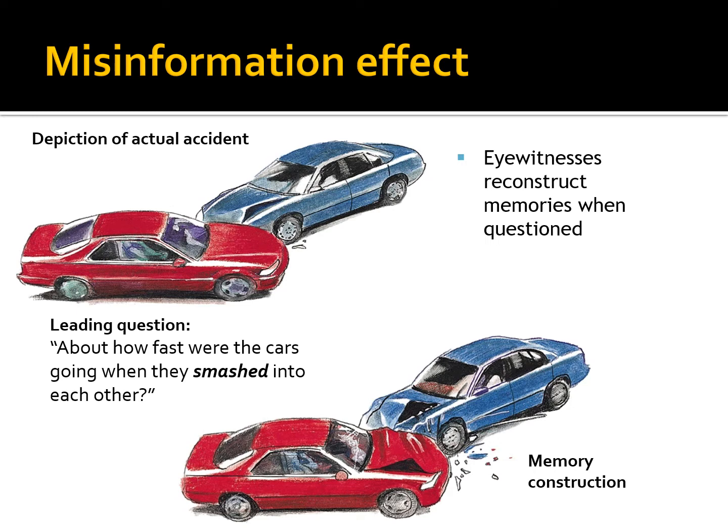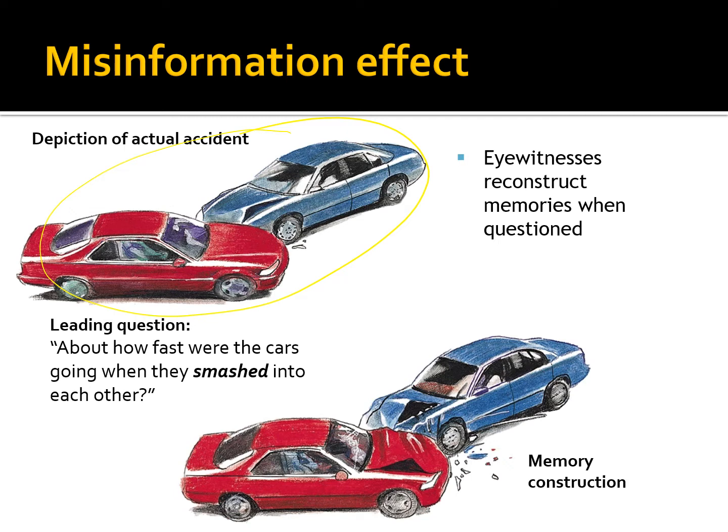So, for example, the car accident, right? Loftus and Palmer did a famous study where they had people watch a car accident and they used different words. So they used leading questions. One group was asked, did the car smash into the other one? So the top right is the actual accident, and this is what eyewitnesses constructed.